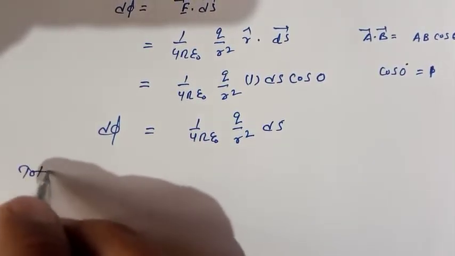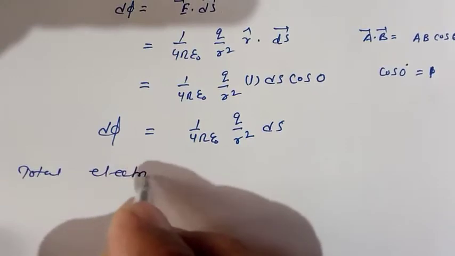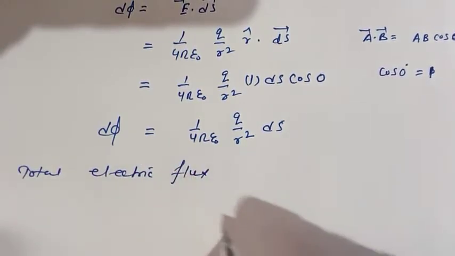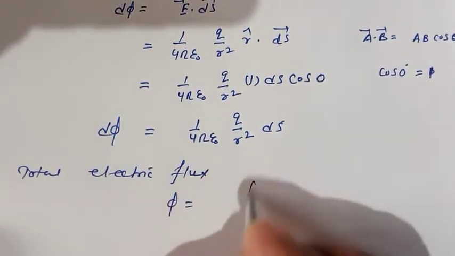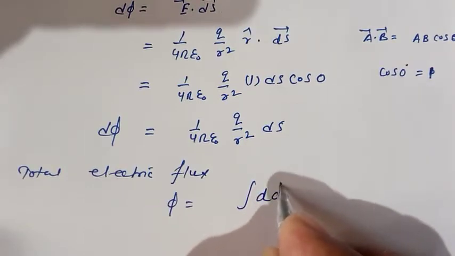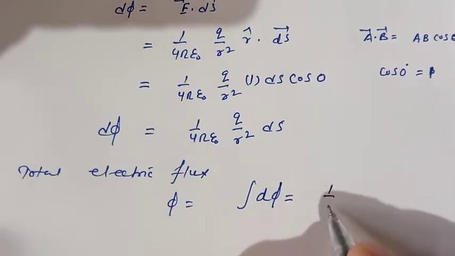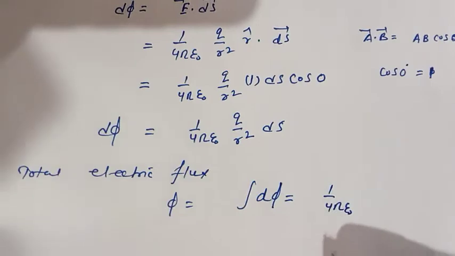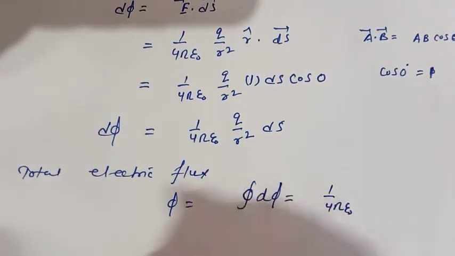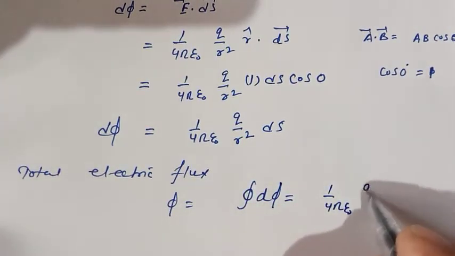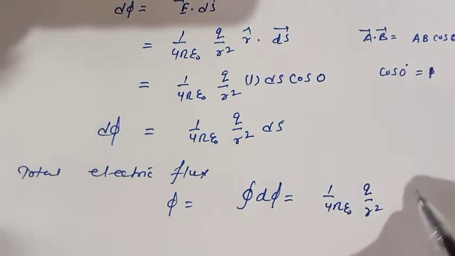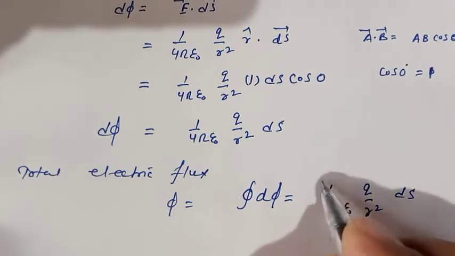So the total electric flux phi is equal to the integral of d phi, which is 1 upon 4 pi epsilon 0, sorry, it is a closed surface so the closed integral sign should be there, q upon r square ds.